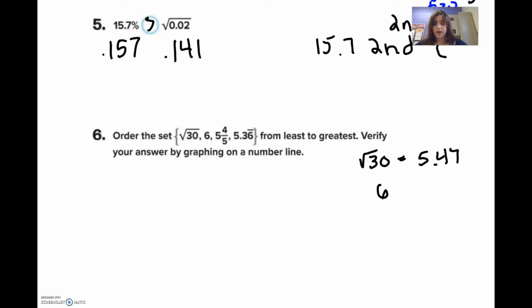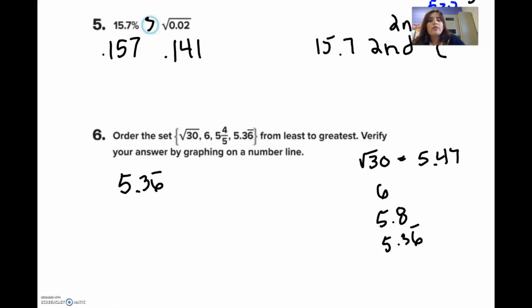So we're typing 5, ABC 4, ABC 5, second, PRB, and we get 5.8. And then we have 5.36 repeating. By looking at this, we know 5.36 repeating is the smallest.